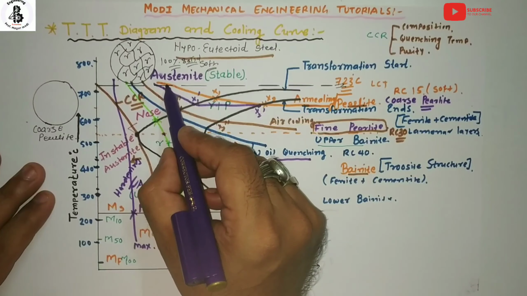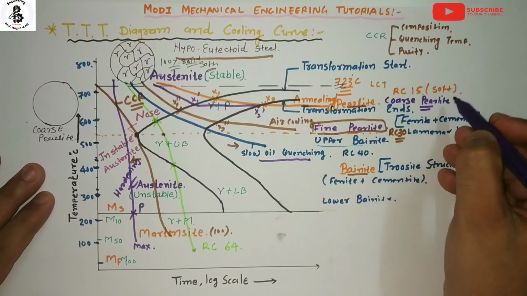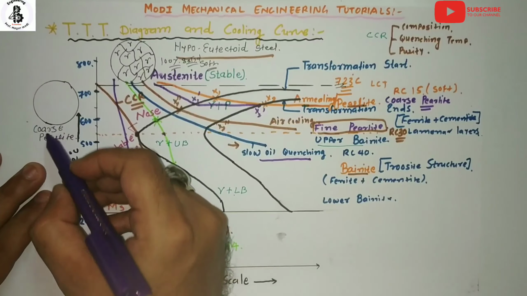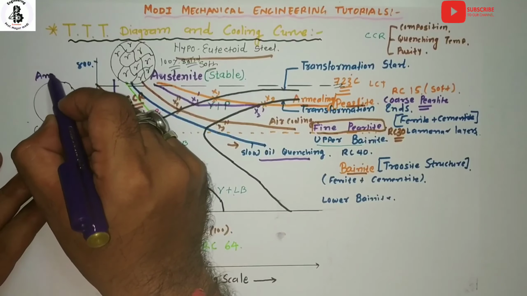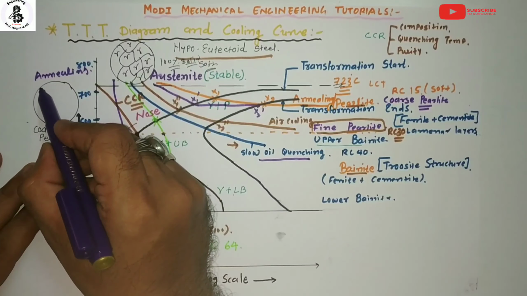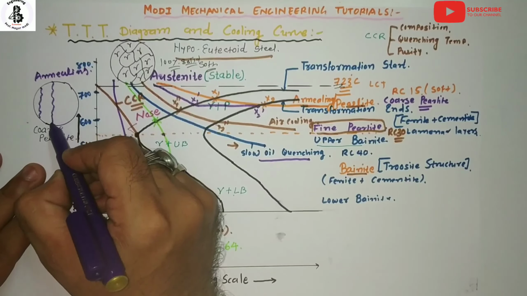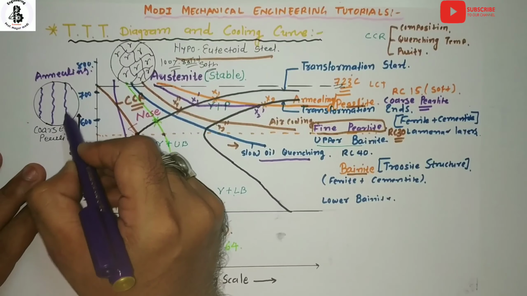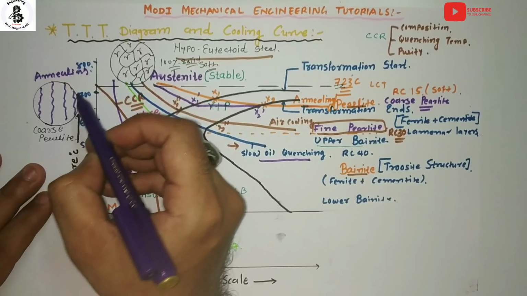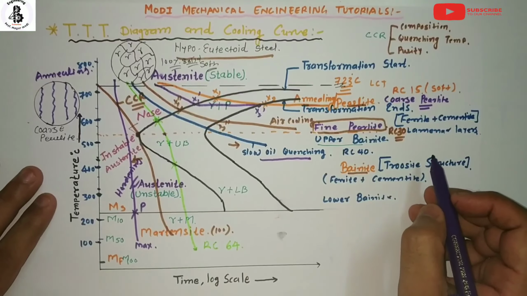Now I would like to draw the microstructure for coarse pearlite. If you follow the annealing process, there will be the formation of the coarse pearlitic structure. By the annealing process of the heat treatment, you will find only layers in this structure.